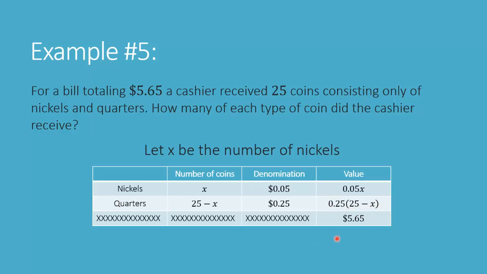Now, we know from the word problem that the total value that was paid was $5.65. So we are going to take these two, the value of our nickels and quarters, add them, and together their value must equal $5.65.